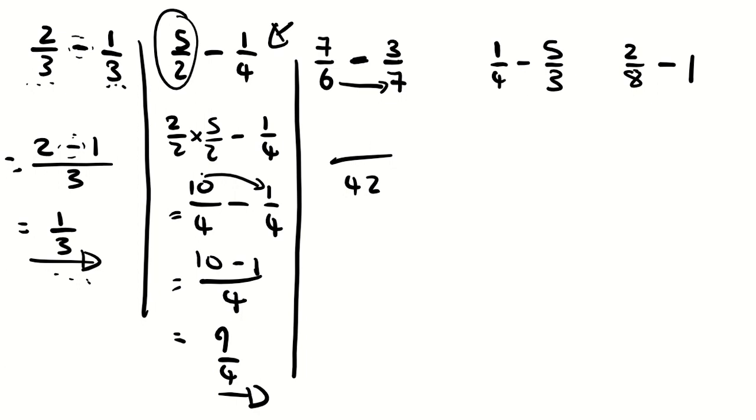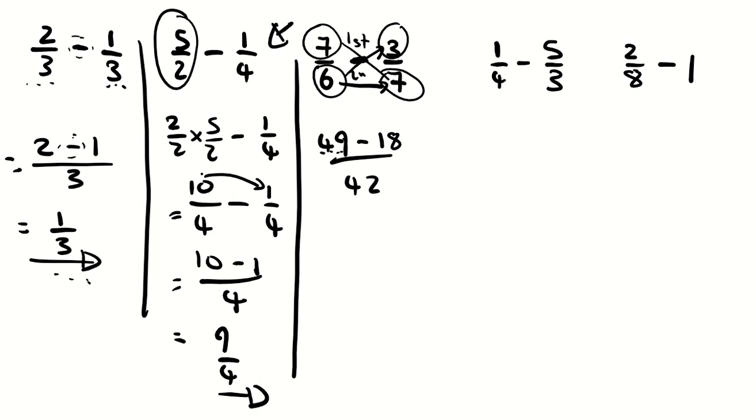Now what you're going to do is multiply diagonally 7 with that 7 there. You start with this one. This is the first one that you start with, and your answer is going to be written here on the left. So 7 times 7 is equal to 49, and you write the 49 here. And then you also multiply 6 by 3. 6 times 3 is going to be equal to 18. You write the 18 on the right.